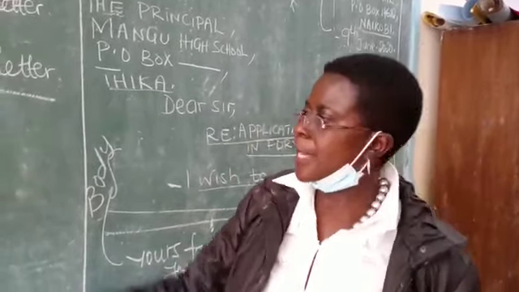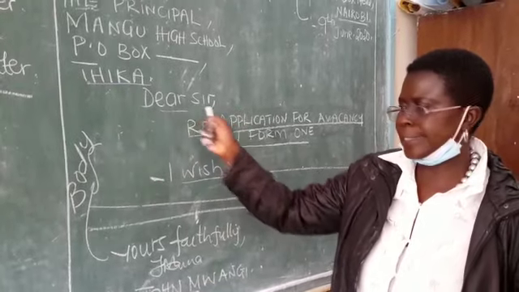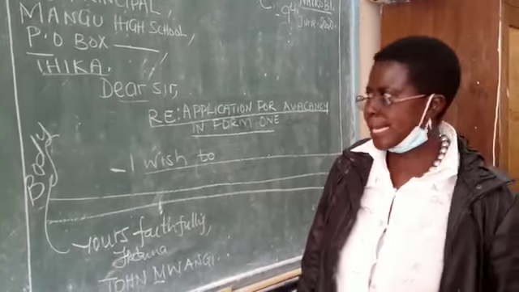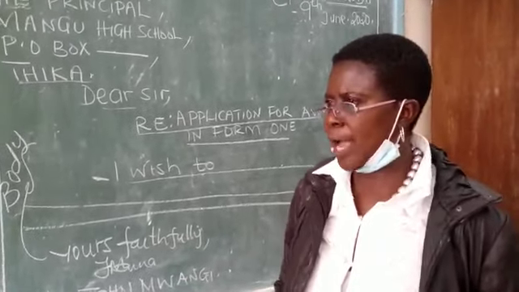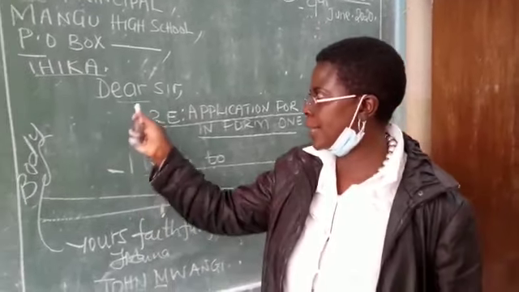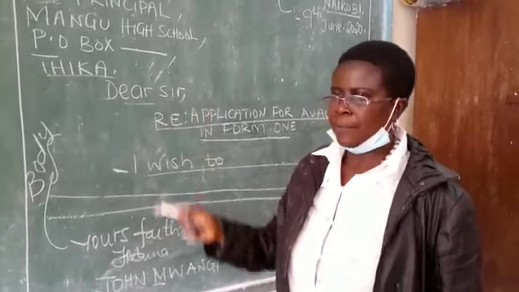Now, from the recipient's address, we move to what we call the salutation. These are formal greetings. You are showing courtesy to the principal. If you are sure it's a male, you address that principal as dear sir.